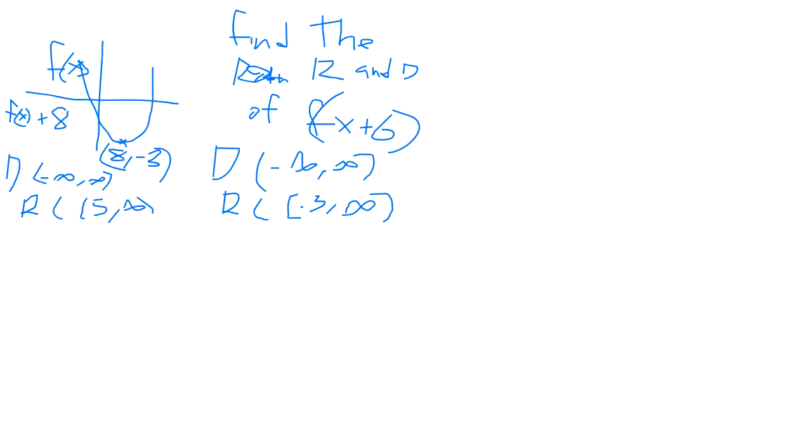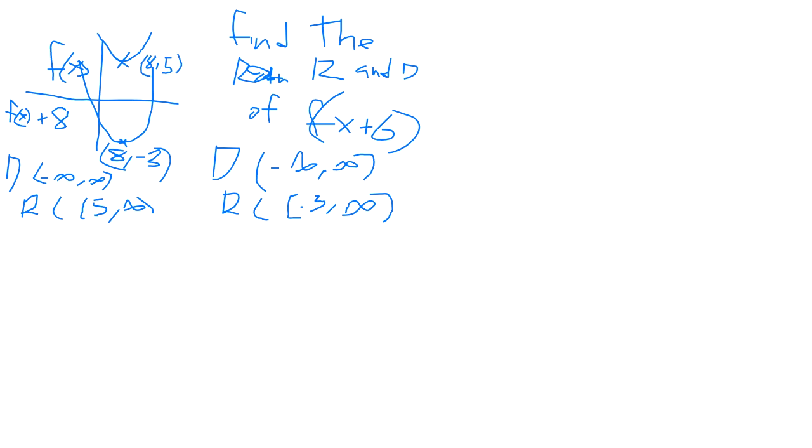Sir, can you repeat the range of f of x plus 8? Okay, good. You see, we have f of x plus 8. Remember that when you add to the y, your graph will move up by 8 units from the first one, the translation that we did. So your graph will translate somewhere here like this, where we are going to have positive 5 like this.